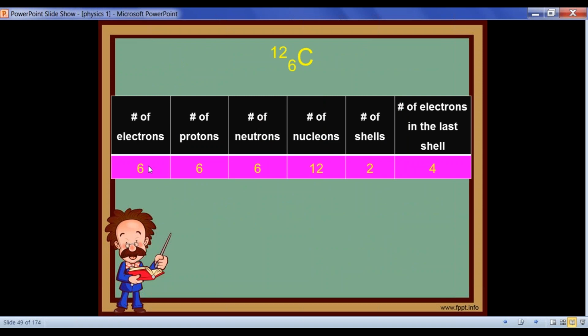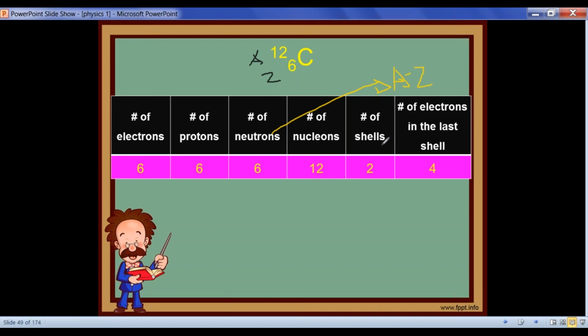Number of electrons, 6. Since it is stable, the number of protons is also 6. Number of neutrons, so we subtract A minus C. This is A, this is C. So the formula for the number of neutrons is A minus C. Tandaan niyo ba ito?